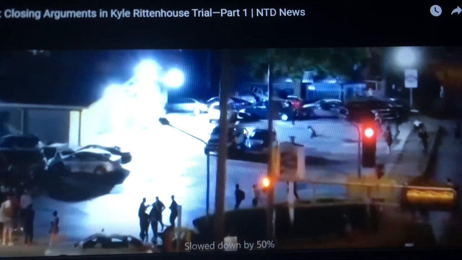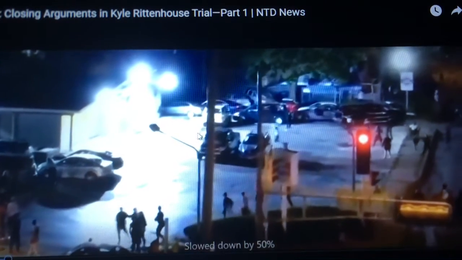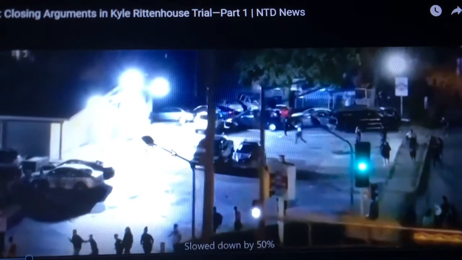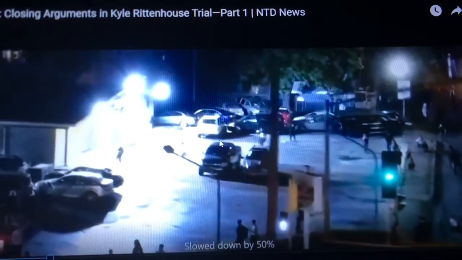We don't know. From this camera angle and from this vantage point, we can't see too much. But we can see this. We can see that Kyle turns around and points the rifle, the AR-15, at Rosenbaum. And of course, this gesture means back off, stand down. Which, of course, is ignored. And here we go.